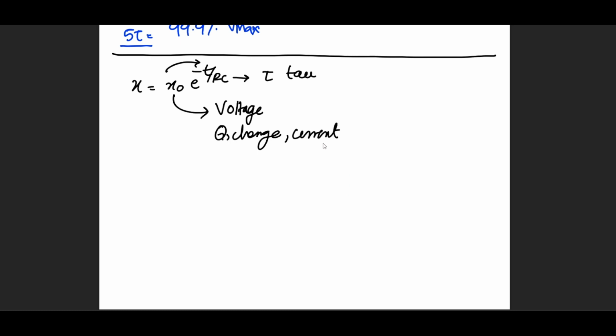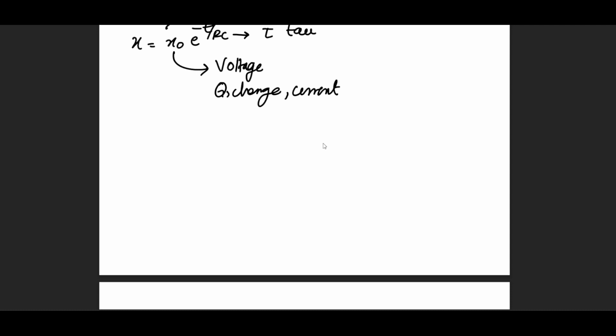So this equation will be modified. If you're representing voltage, then the equation becomes V equals V naught e raised to the power minus t by RC. Representing charge, it will be Q equals Q naught e raised to the power minus t by RC. And for current, it will be I equals I naught e raised to the power minus t by RC.